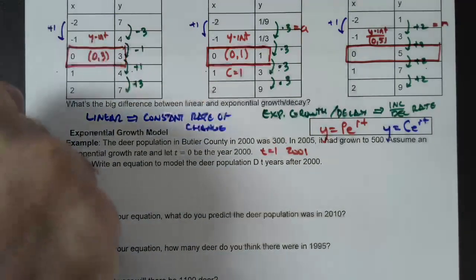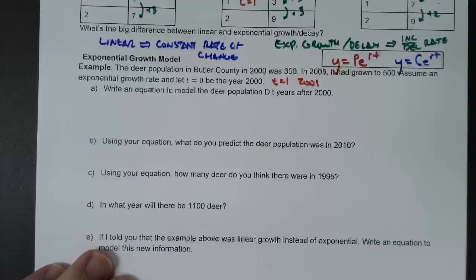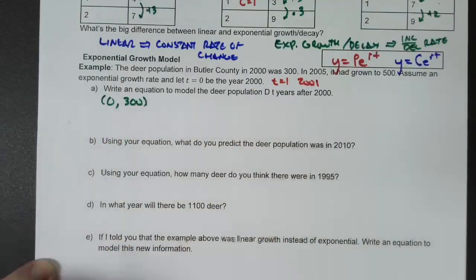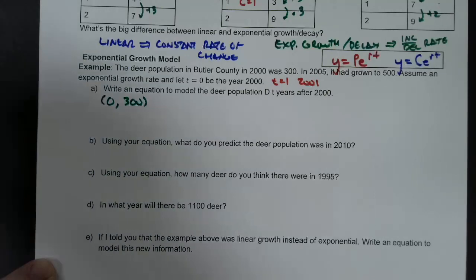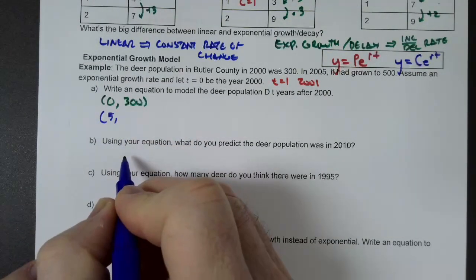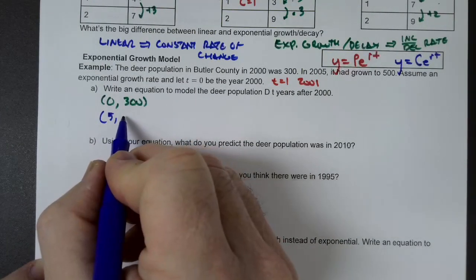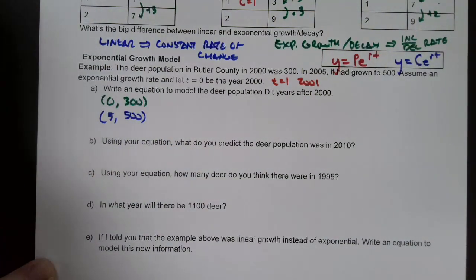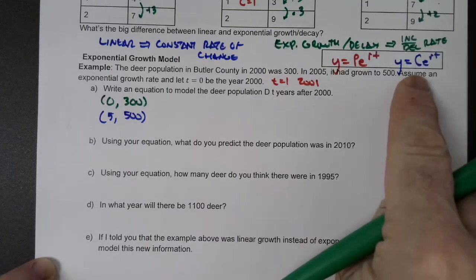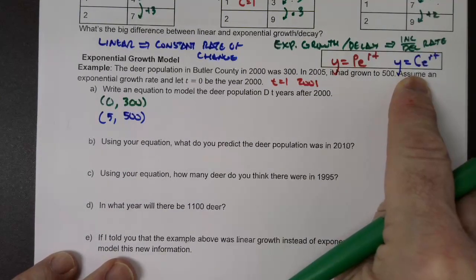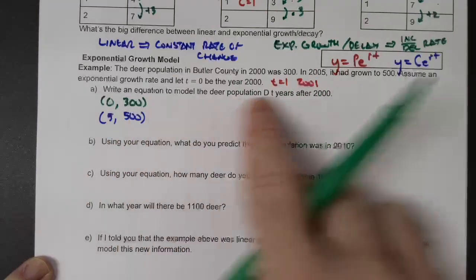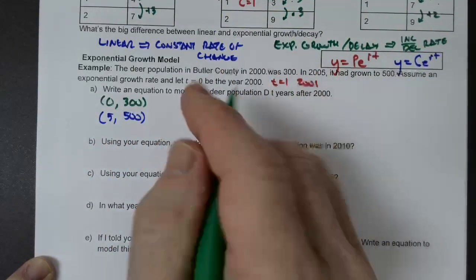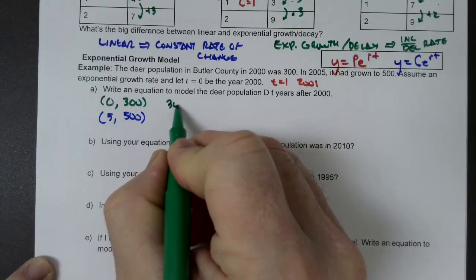Okay? So based upon the information that they give us, we know at 2000, when t equals 0, we're at 300 deer. And then in the year 2005, when t equals 5, we're all the way up to 500 deer. So we want to write an equation based upon this. So we're going to substitute these numbers in. That is y, the population, is going to be 300.